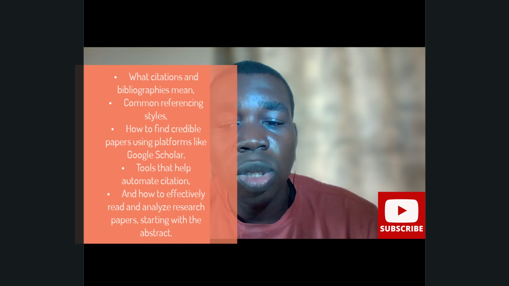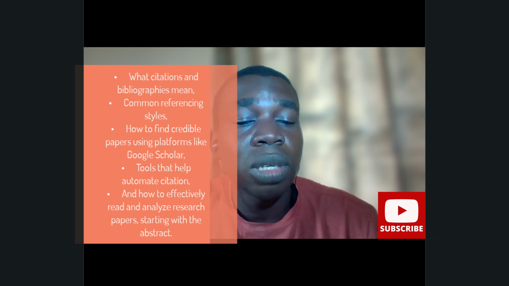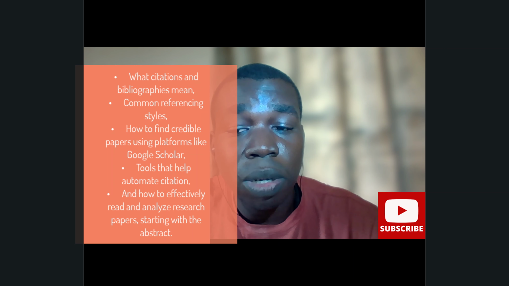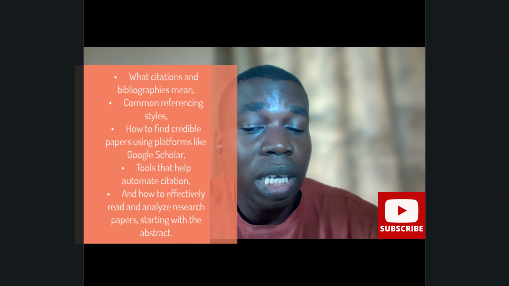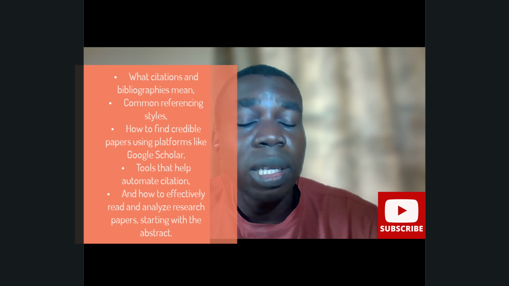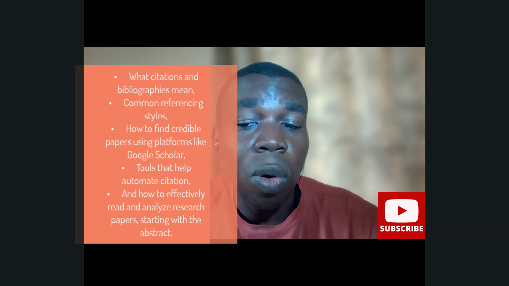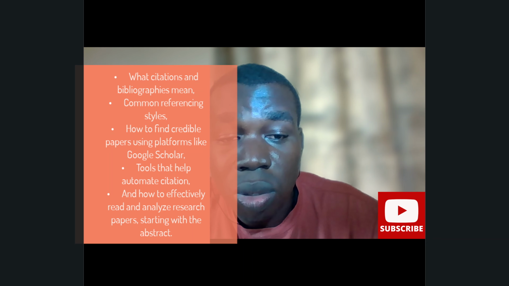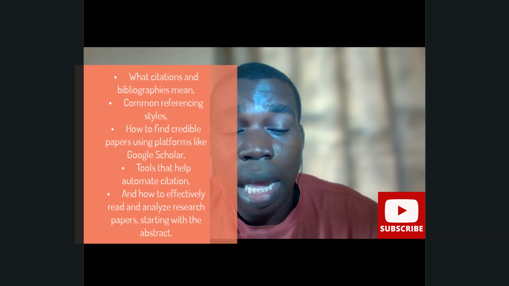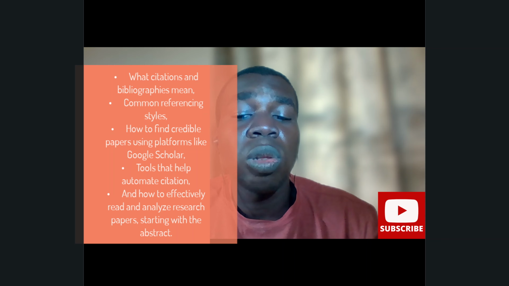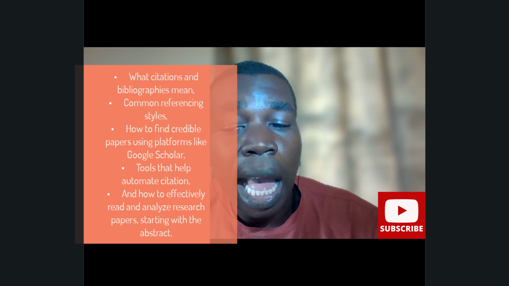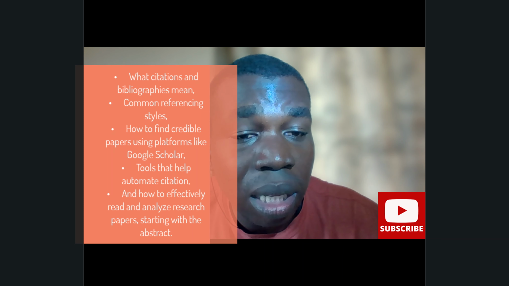Now we have also looked at where we can get papers, credible papers, like Google Scholar, ResearchGate, and the likes. Now we have looked at tools we use for automatic citations and also bibliography, like Mendeley and the likes. Now we have also looked at how to effectively read and analyze a research paper, starting with the abstract.